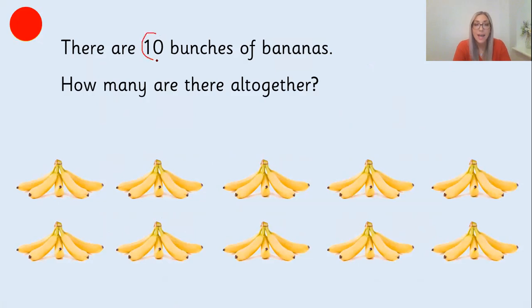So there are 10 bunches of bananas this time. And there are 1, 2, 3, 4, 5 in each. So you are looking for 10 lots of 5, okay? So 10 fingers up, counting in 5s as you go along. 5, 10, 15, 20, 25, and keep on going until you find your answer.